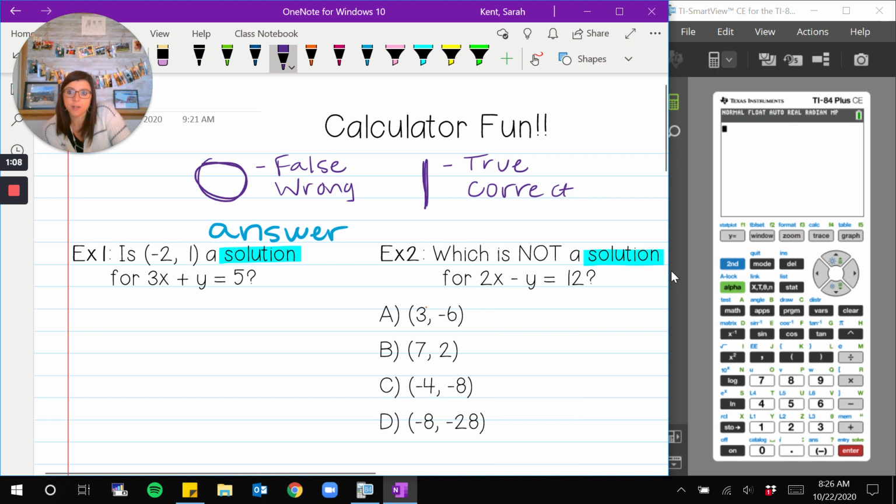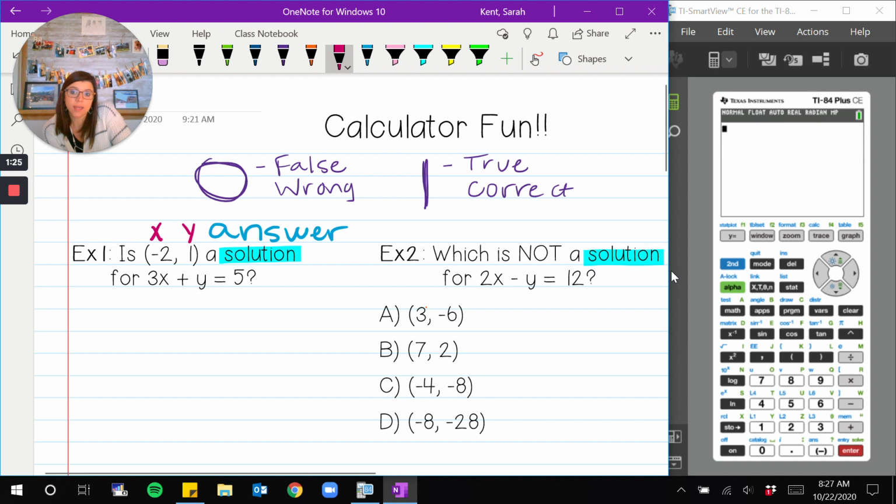So in the first example, this says, is (-2, 1) a solution, so an answer, for 3x plus y equals 5. So when we have an ordered pair, we know that first number is x and our second number is y.